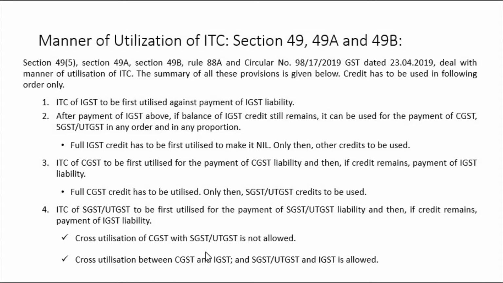Cross utilization of CGST with SGST is not allowed. Please remember this point. CGST and SGST are two different things and you cannot cross utilize them. But you can cross utilize CGST and IGST or SGST and IGST.